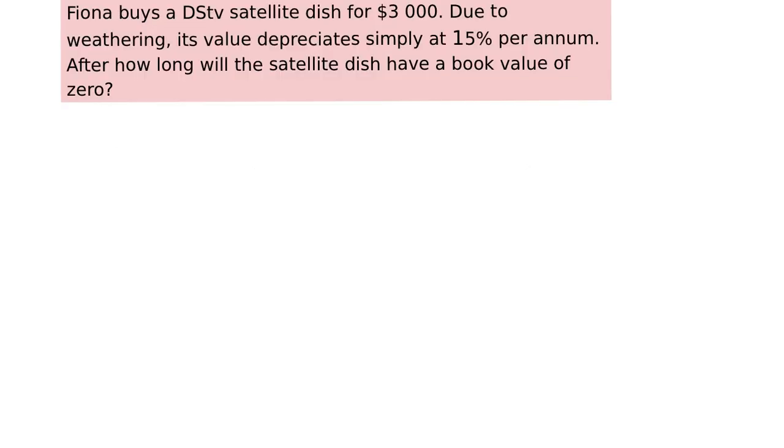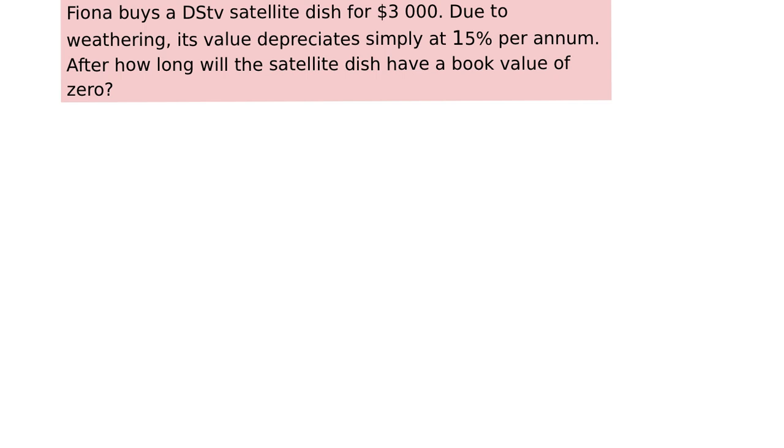Here's another one. Fiona buys a DSTV satellite dish for 3,000. Due to weathering, its value depreciates simply at 15% per annum. After how long will the satellite dish have a book value of 0? Now we can actually have two approaches here.